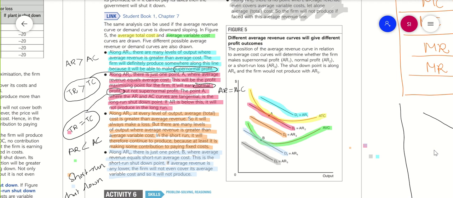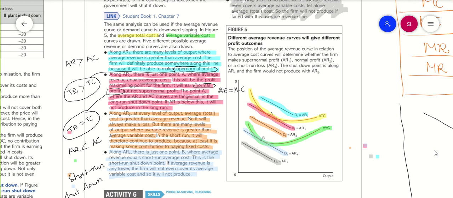So here the AR curve and the AC curve both are tangential. So this is the long run shutdown point, which is point A. So if AR is below this, it will not produce in the long run.